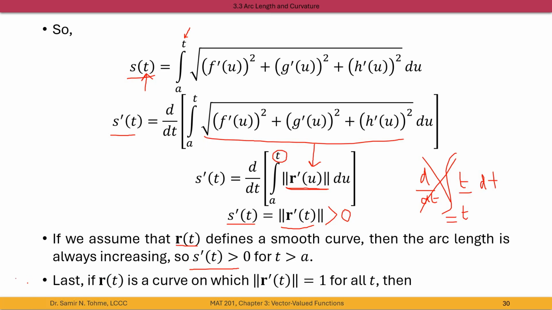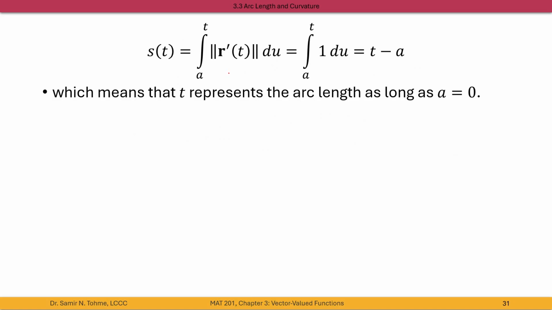A special case we will consider is whenever we have a curve r of t, and a special case states that if we have the magnitude of the derivative of r equal to 1, replacing this magnitude equal to 1, you have it here, and you integrate from a to t, you will get t minus a.